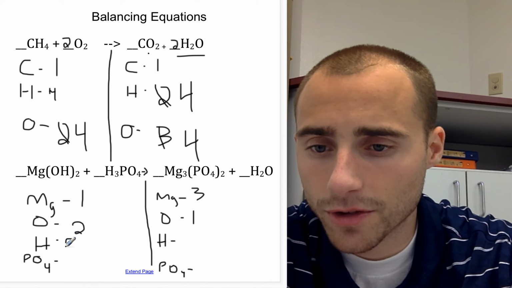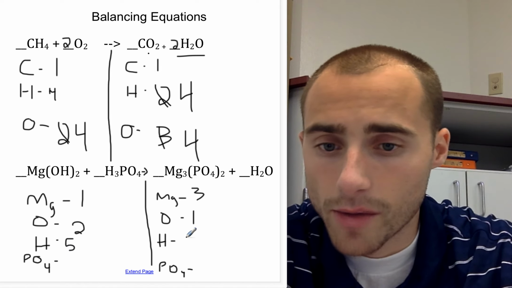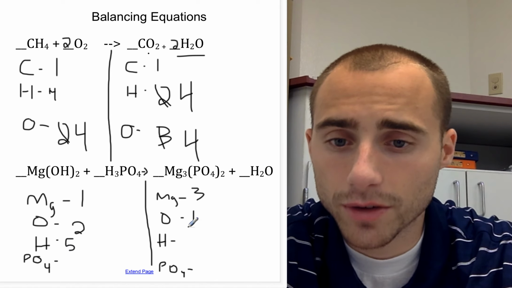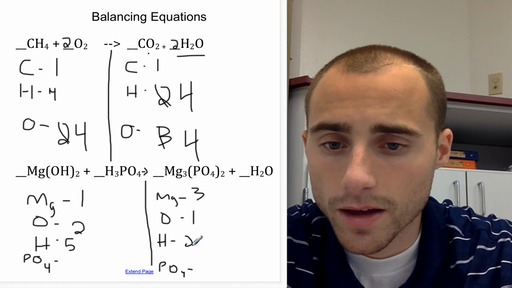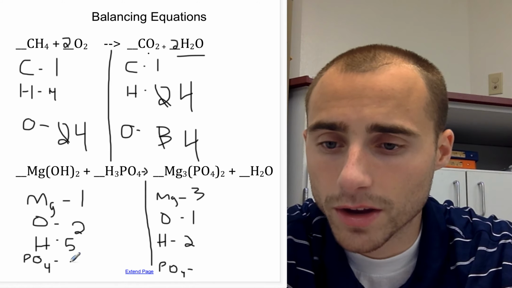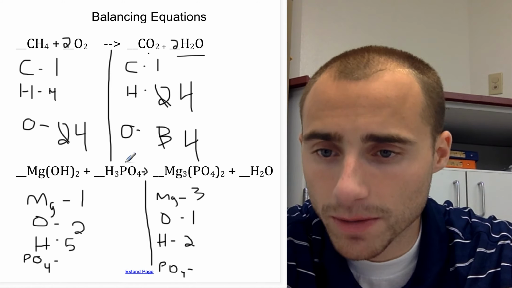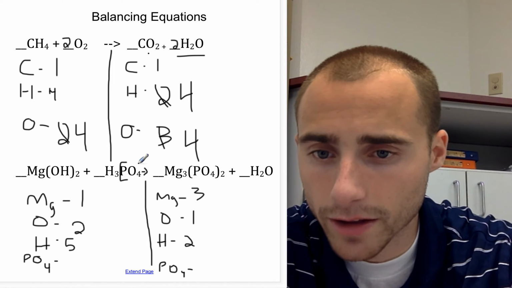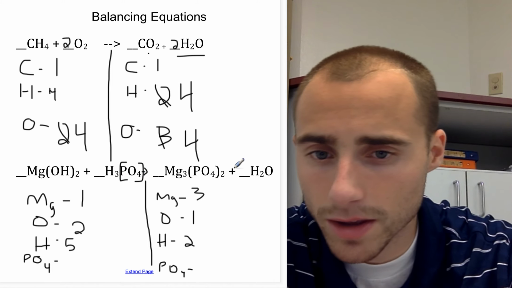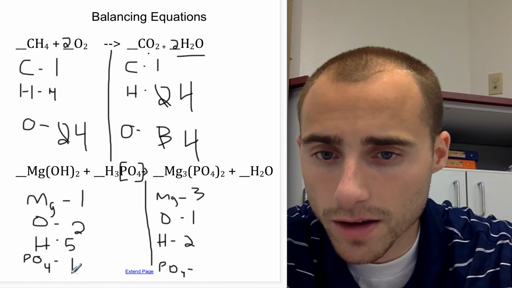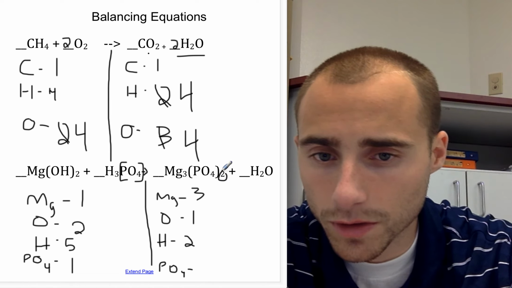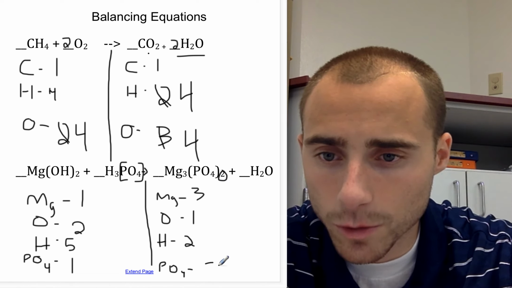We have 5 hydrogen total. And over here we have 2 hydrogens right here, so we only have 2. And then over here we have phosphate. We want to keep this all together, so we're not counting the oxygens in here and we're not separating the P. We have 1 phosphate here, and because of this 2, it's in parentheses, so we have 2 phosphates here.